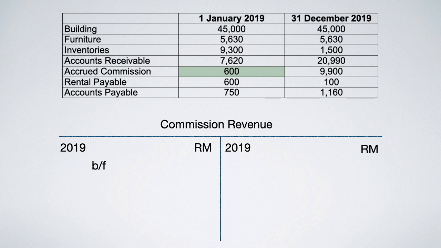Commission ini adalah hasil. So baki awal dia. So baki awal accrued commission ni kita letak dekat debit, kerana accrued commission adalah accrued revenue. Accrued revenue adalah asset. Okay, so baki awal kita letak dekat 600 tu dekat debit. Okey, dekat kredit kita letak 9,900 dekat tempat bertentangan dengannya.